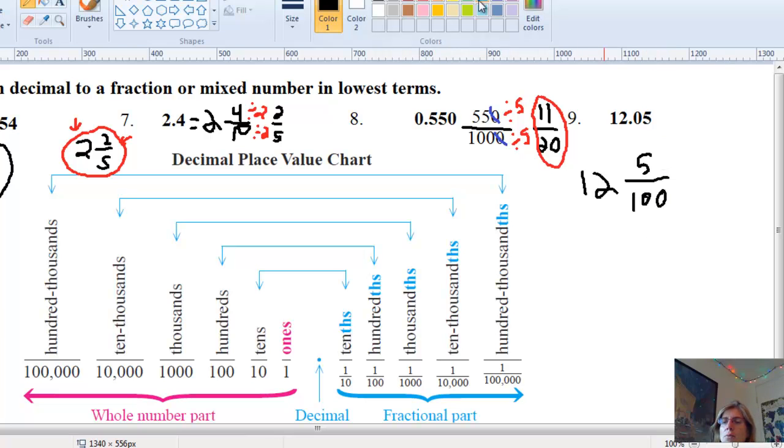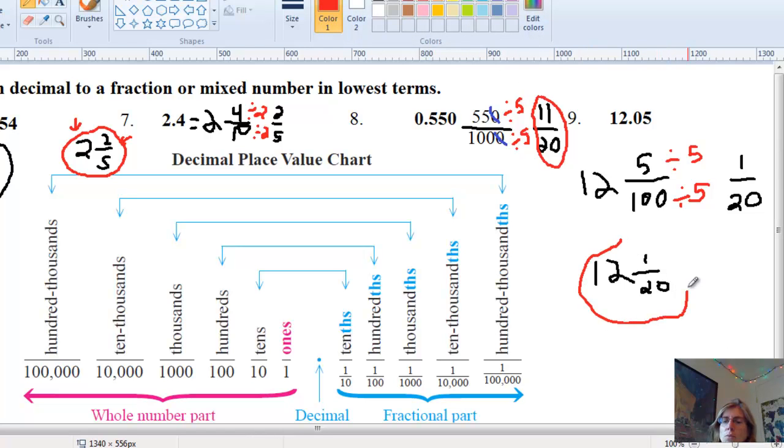Now we can reduce, and we're going to reduce by dividing by 5 for each of those, and we get a new fraction of 1/20th. So 12 doesn't change, and this 5 100ths becomes 1/20th. Our overall answer, with a reduced fraction, is 12 and 1/20ths.